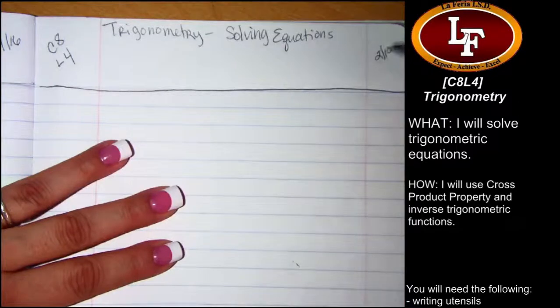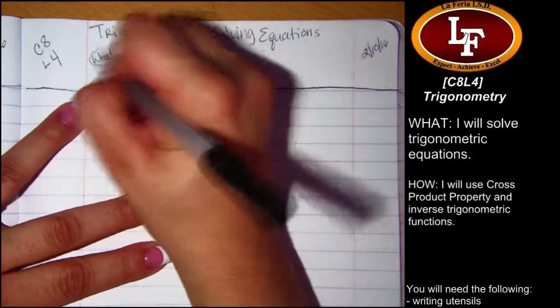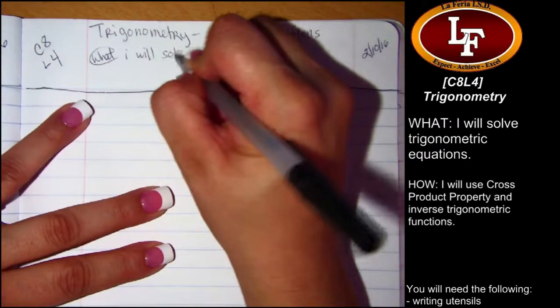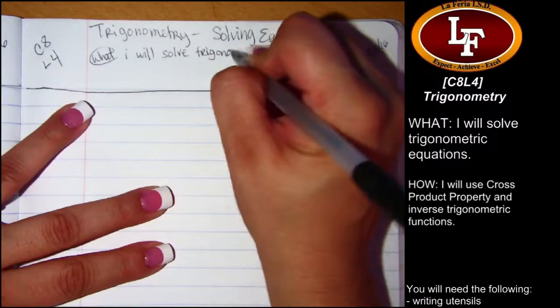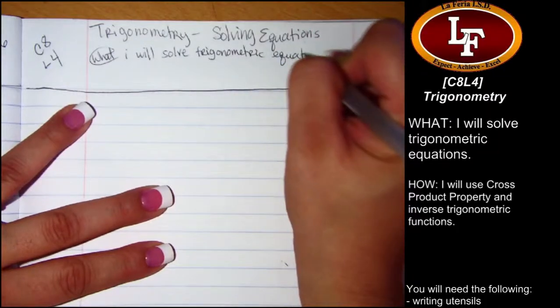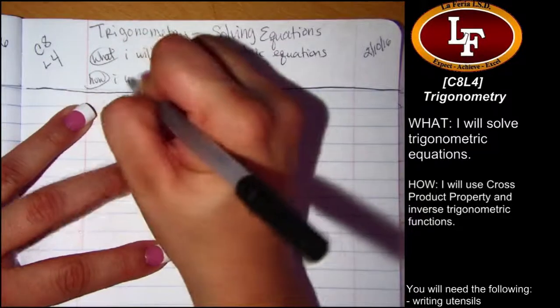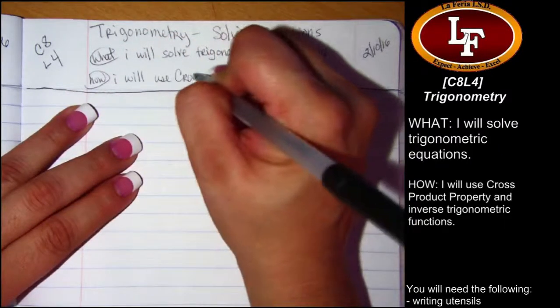Today's the 10th of February. Our objective is that we will be solving trigonometric equations. So we'll talk about what those are and what those look like. And we're going to be solving these equations by making use of the cross product property.